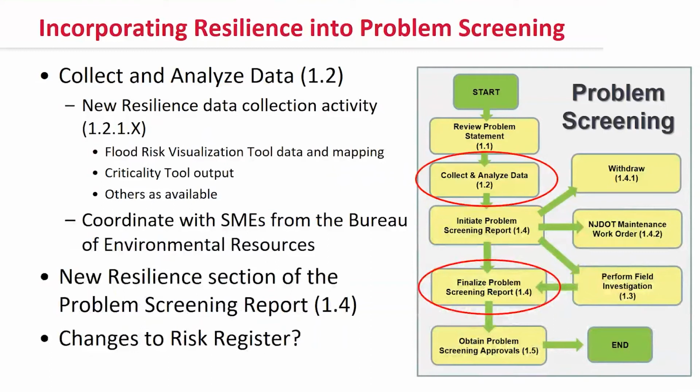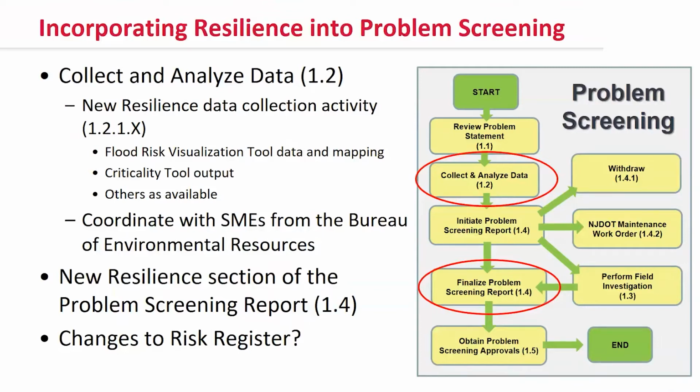This is the working ideas related to the problem screening process. The problem screening process is indicated over to the right in the graphic image. So there are some existing steps in that process where it seems appropriate to include a new data protocol for including resilience-related data in the initial data collection activities that happen when DOT staff are reaching out to the various management system folks to incorporate management system data.